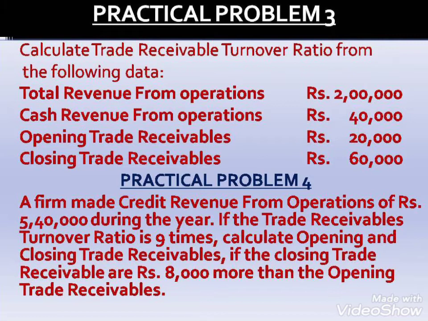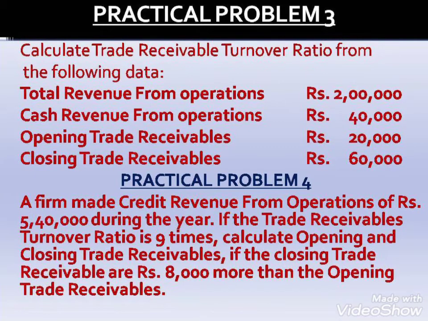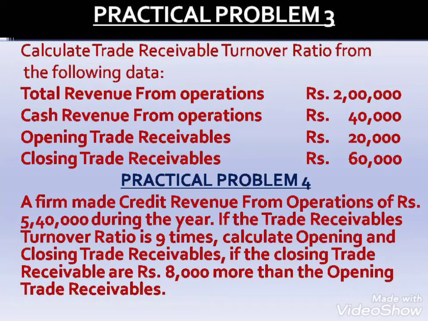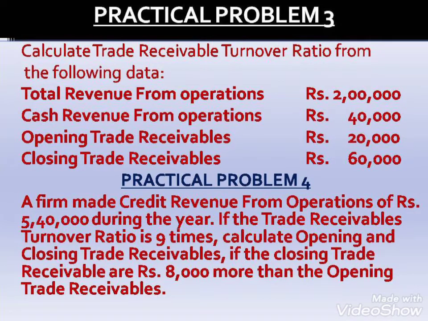Now, in practical problem 3, we have to calculate trade receivables turnover ratio from the given information. The information that is given is total revenue from operations, cash revenue from operations, opening trade receivables and closing trade receivables. And in practical problem 4, the statement is given: a firm made credit revenue from operations of Rs 5,40,000 during the year.